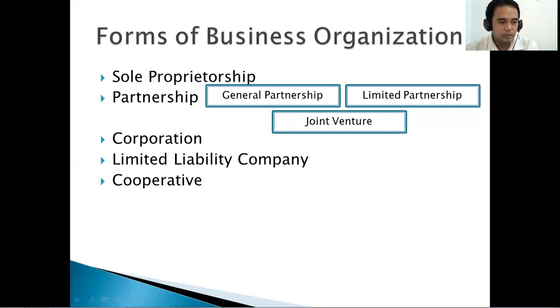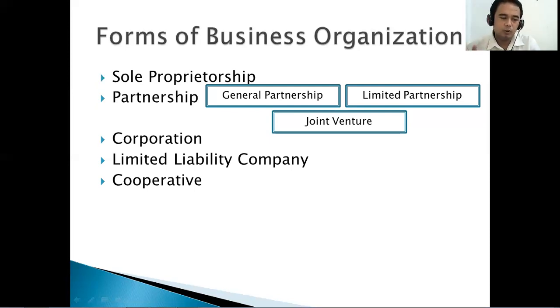Ownership in a stock corporation is represented by shares of stock. The owners, or what they call stockholders, enjoy limited liability but have limited involvement in the company operations. Limited liability to the extent of their investment only.